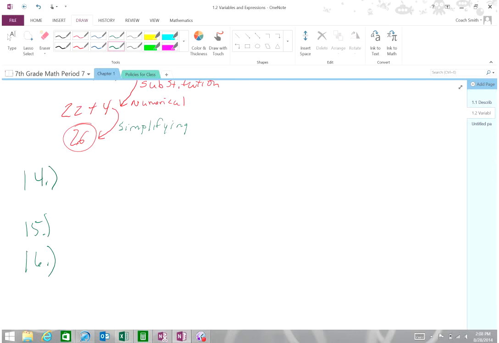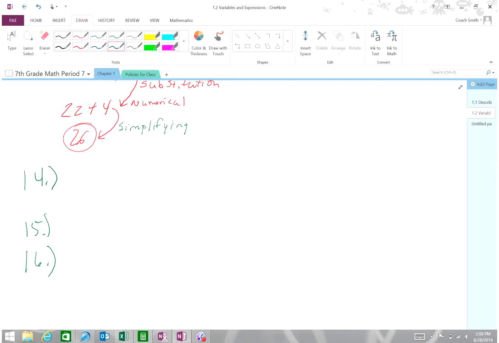The directions tell you to evaluate the expression for the given value of the variable. You can do it in your notes, so you're using a pen. So I want you to do 14, 15, and 16.